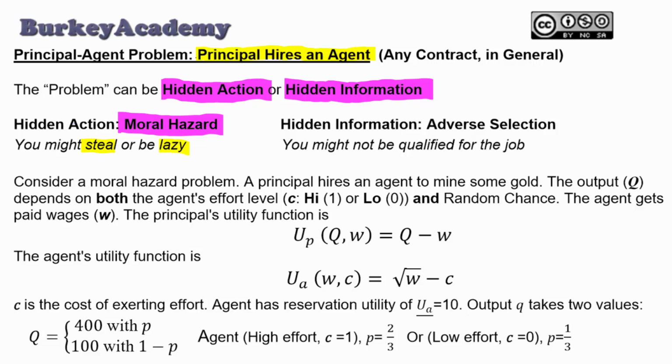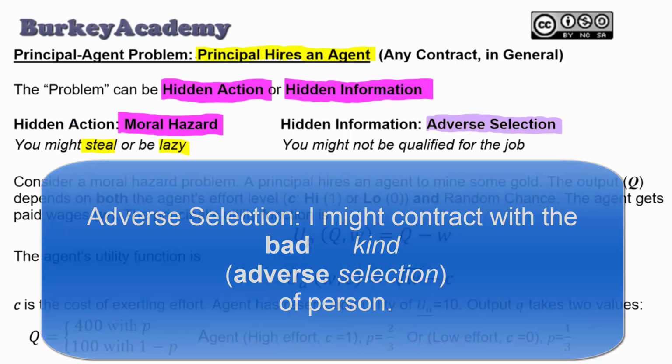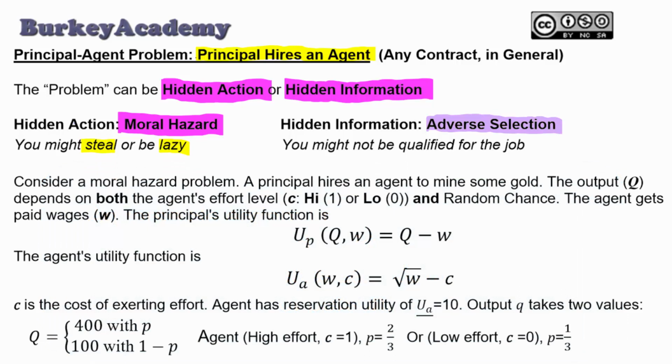The other kind of problem might be where there's hidden information, and generally we will call a situation where we have hidden information an adverse selection problem. Adverse just means bad. Selection means we're getting the wrong type. One example of a problem of adverse selection when we're hiring somebody might be that when I advertise to try to hire someone to do a job, I might not be able to tell whether this person has the right qualifications.